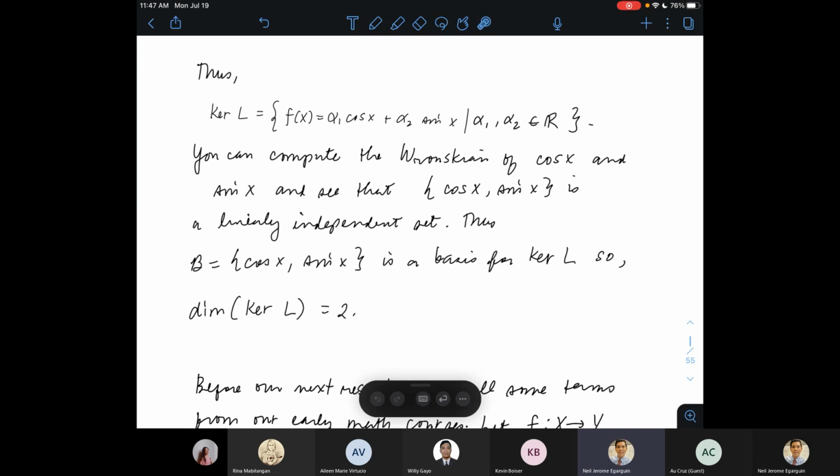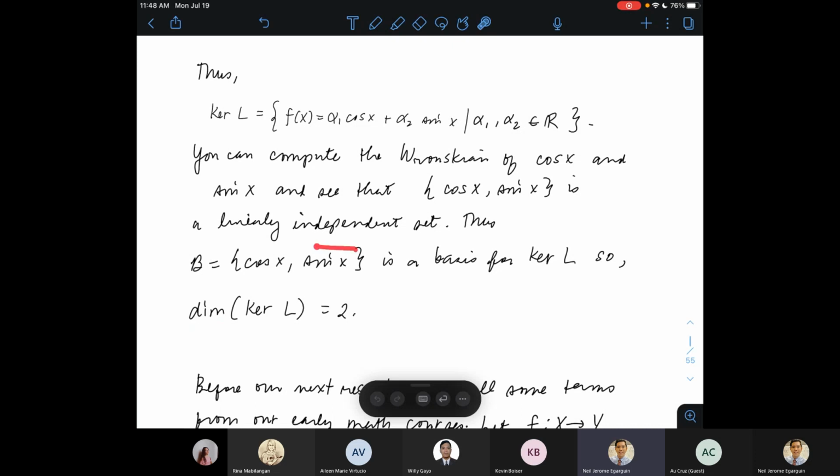Again, the dimension of the kernel is well defined because we said that the kernel is a subspace of the domain. A subspace is a vector space in its own right, and being a vector space is enough to say that it has a basis. Remember, all vector spaces have a basis. Since it is a vector space, any two bases for it have the same number of elements, and that number is what we call the dimension of that vector space.